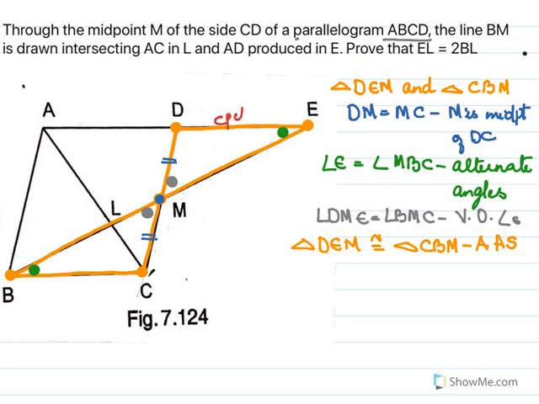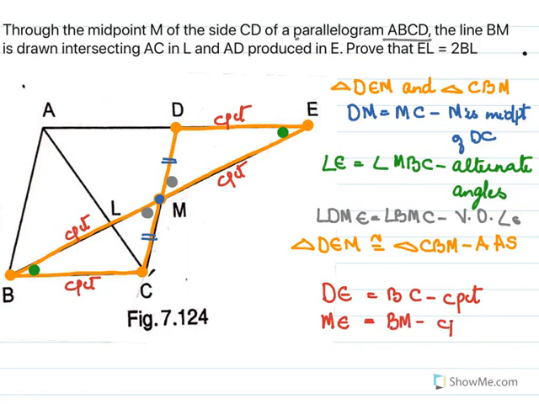Now we are going to use two CPCTs. One is DE equal to BC by CPCT. And also we have ME equal to BM by CPCT.